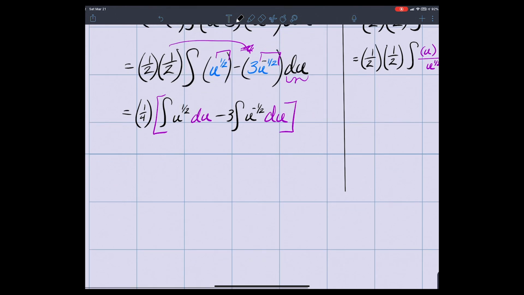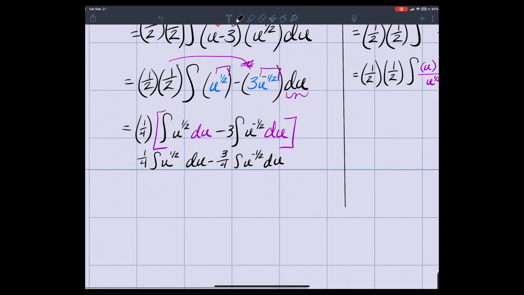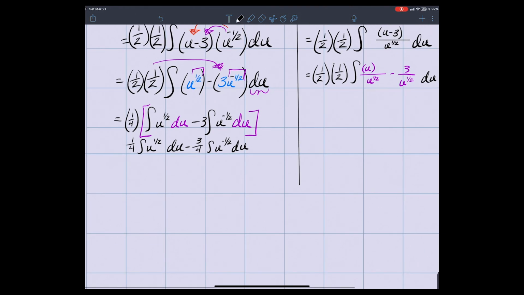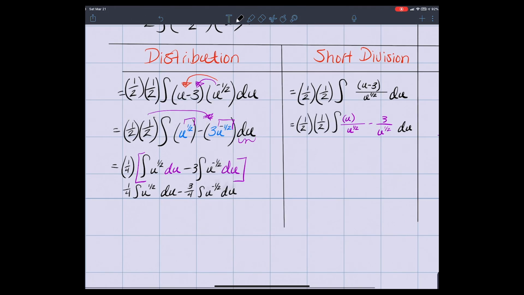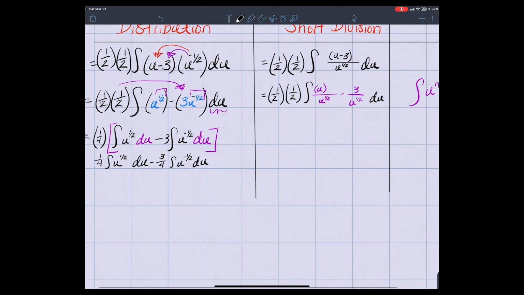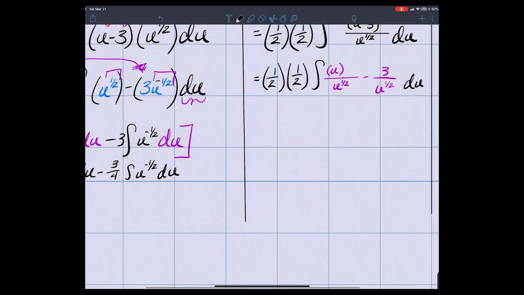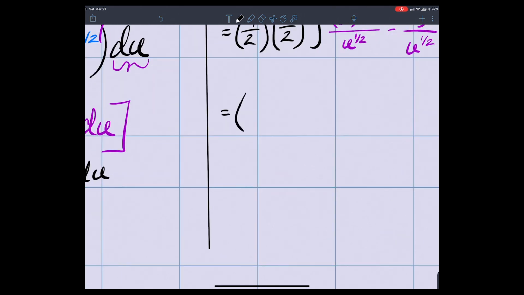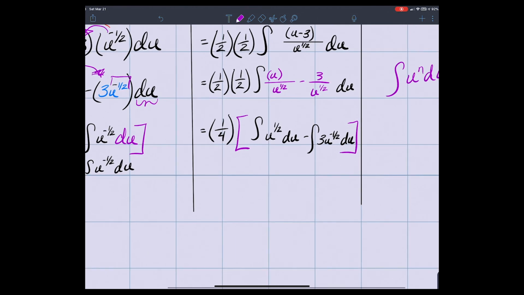And you can also rewrite it like this if you wanted. That's fine. They're both the same. It's just that you're distributing this 1/4 through both of them. And you would need to do that because you pulled the 1/4 out of both of them. So now you need to make sure that the equation is balanced and give it back. I'm not going to do this one again for now. I'm just going to leave it out so we can concentrate on the calculus and the steps to get there. There it is. And we have two things that equal each other.